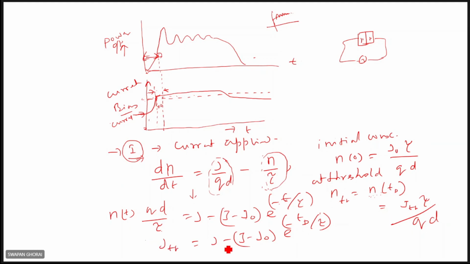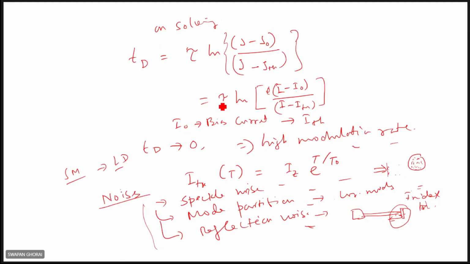So J threshold = J − (J − J0) e^(−TD/τ). If you solve for TD, the time delay, just take the log and you get TD = τ log[(J − J0)/(J − J threshold)], or in terms of I, TD = τ log[(I − I0)/(I − I threshold)].